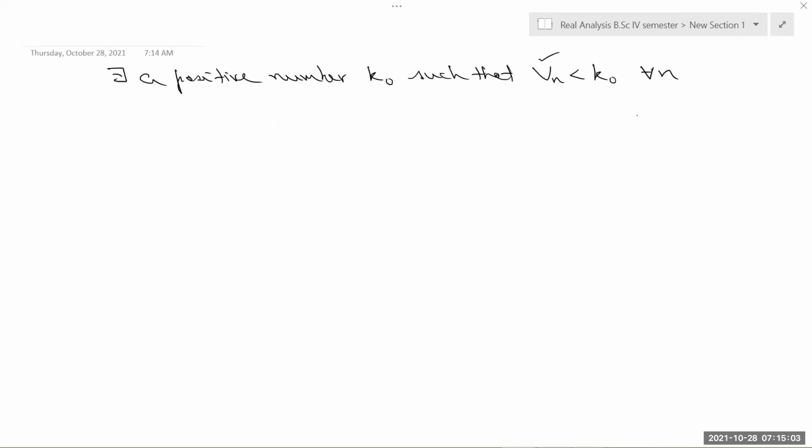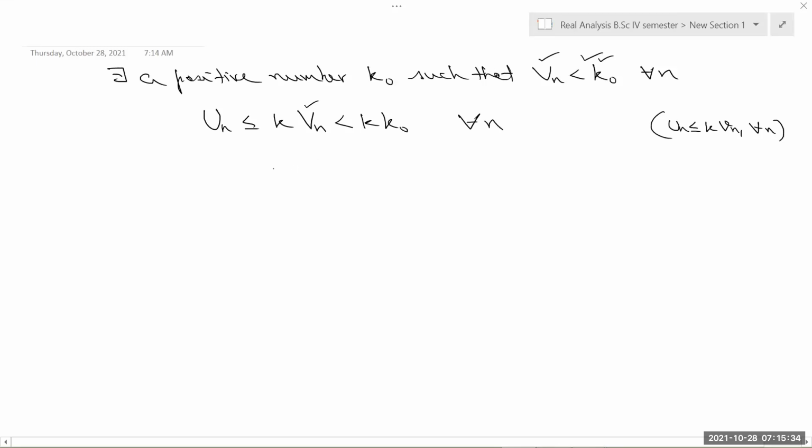And from the result that capital Un is less than or equal to k times capital Vn for every n, and since Vn is less than k naught, because this sequence is bounded, I can write here that Un is less than k times k naught for every n.